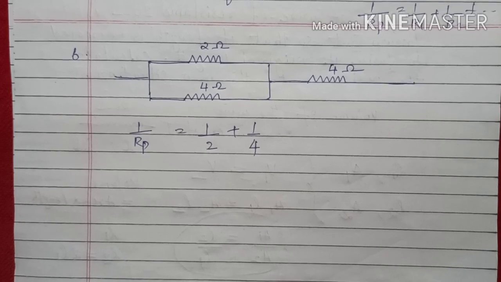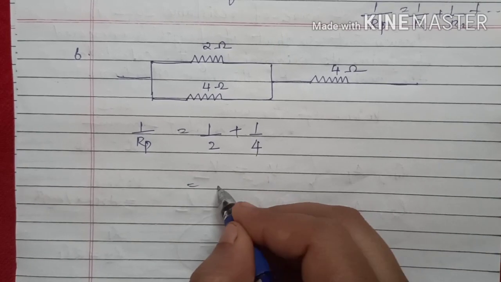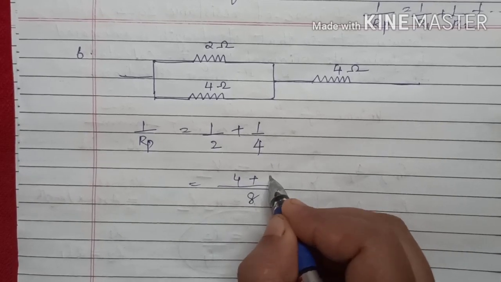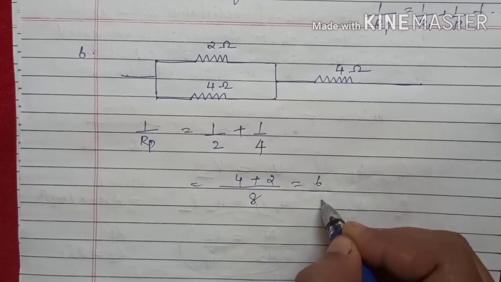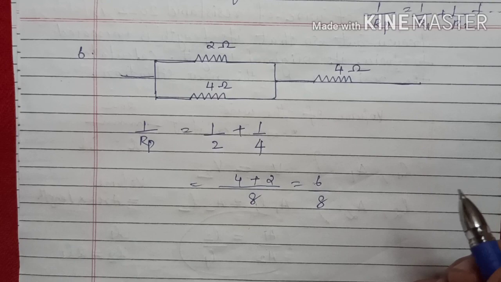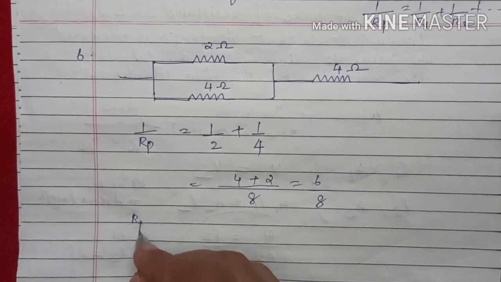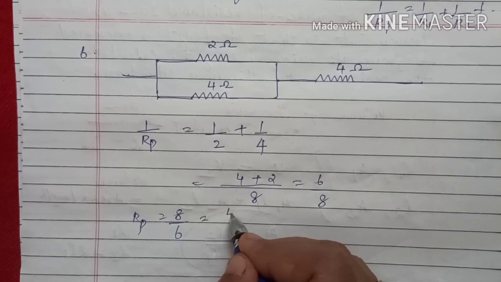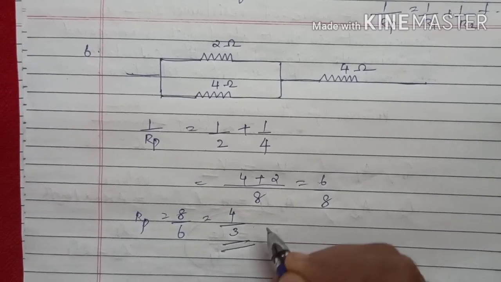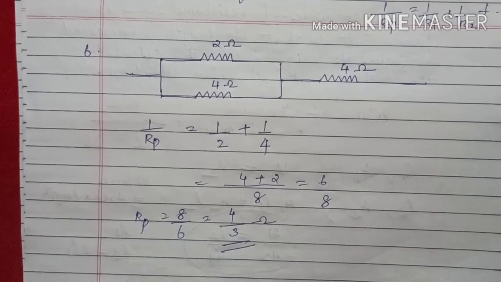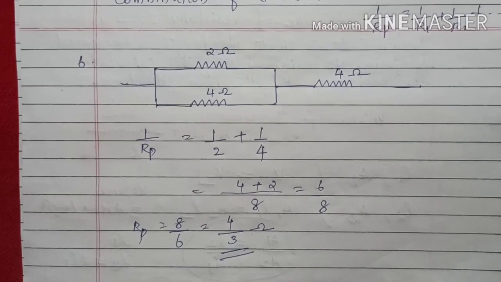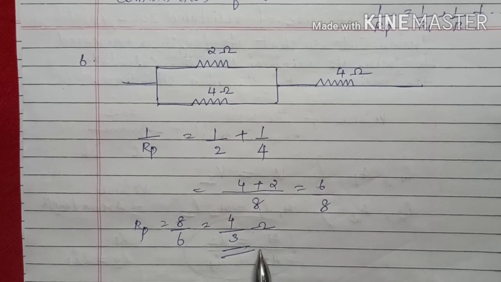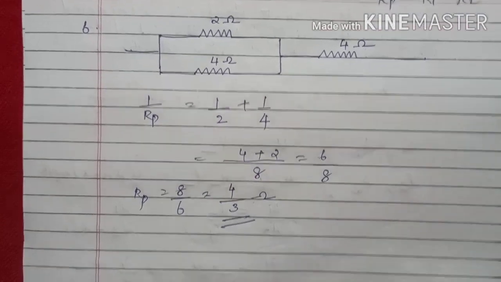So we will get 4 plus 2, which is 6 by 8. So what is Rp? Rp equal to 8 by 6 or 4 by 3 ohm. Understand? So this is all about the first part, that is 2 ohm and 4 ohm. We calculated and we will get the answer as 4 by 3.